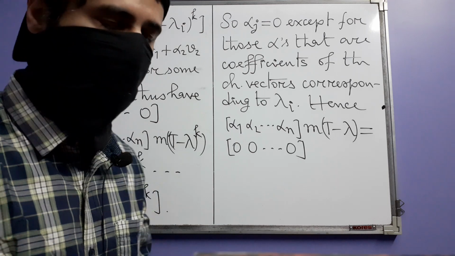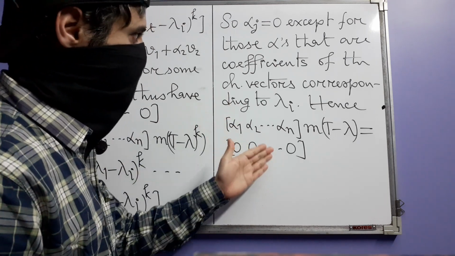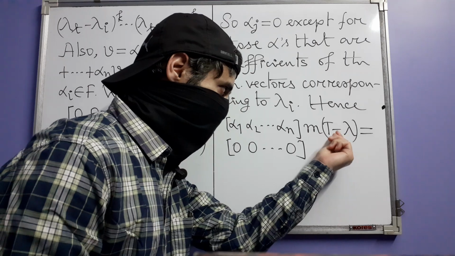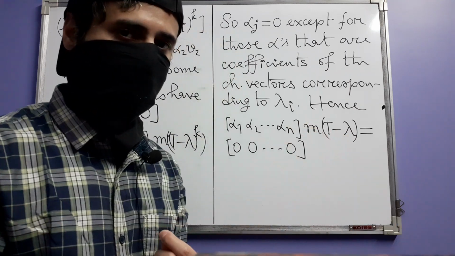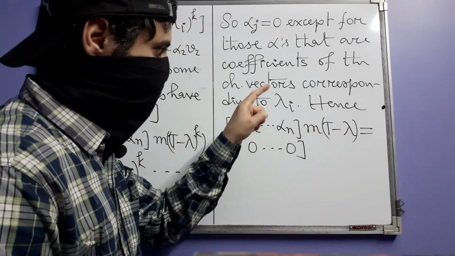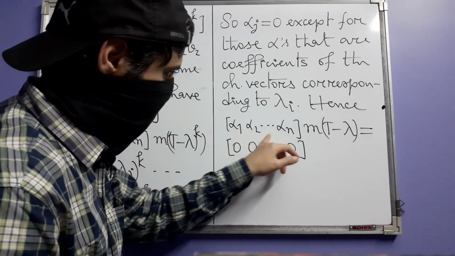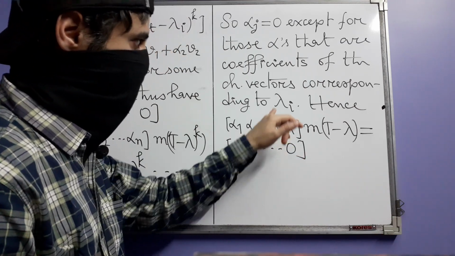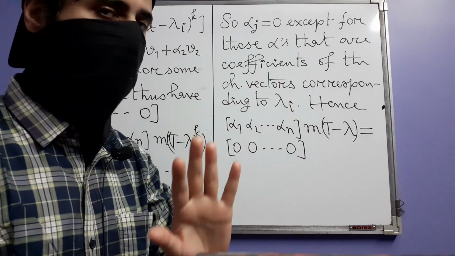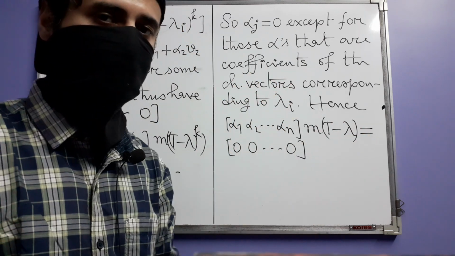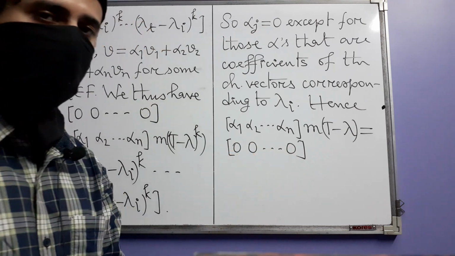So you get 0, and the ones which correspond to the lambda i's, there the diagonal entries themselves are 0, but for those entries the elements that we have here which correspond to the lambda i's, about them we don't know anything, but they are getting multiplied by 0 diagonal entries. So ultimately everything is 0.